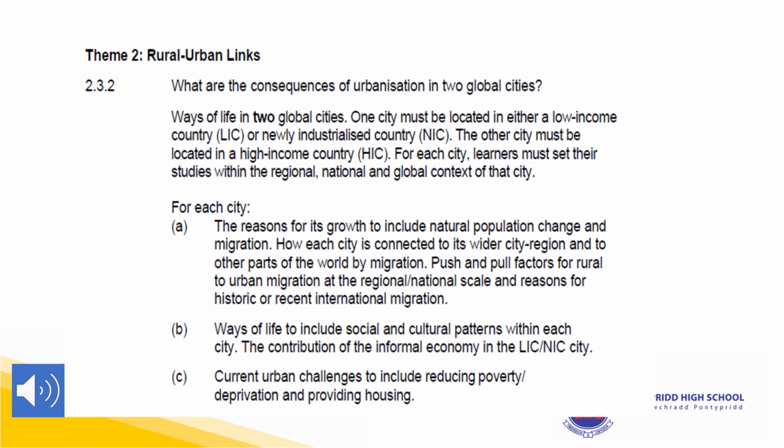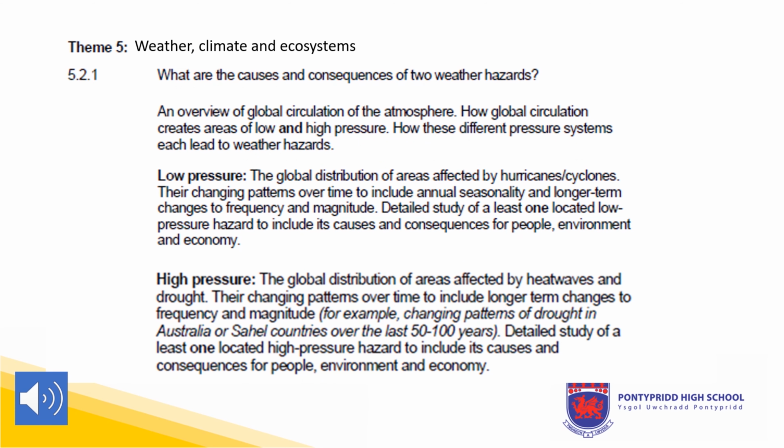Similarly, in Theme 2, Rural-Urban Links, they will not be assessed on 2.3.2, which is this information here. Then Theme 5, Weather, Climate and Ecosystems, 5.2.1 will not be on the exam either.